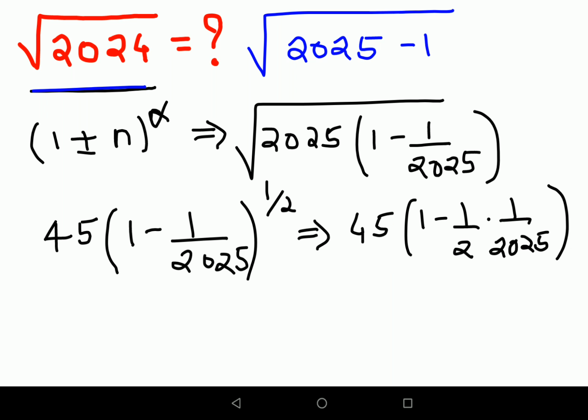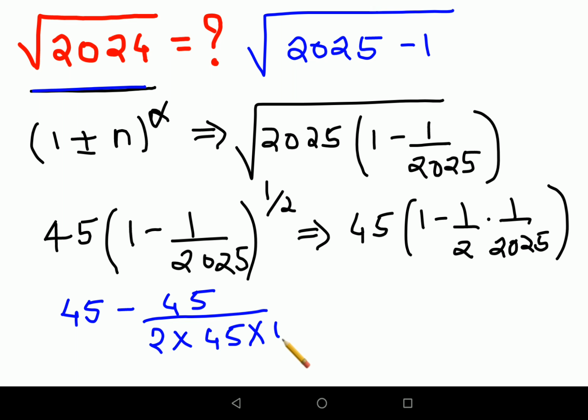Next step, we'll multiply 45 inside. So we get 45 minus 45 upon 2 into 1 upon 2025, and 2025 is nothing but 45 into 45. Now things are getting cancelled, so I am left with 45 minus 1 upon 90.